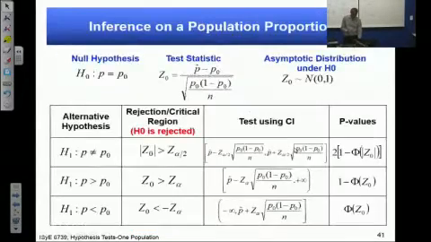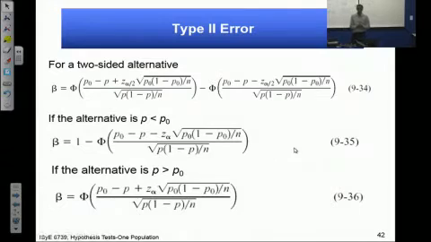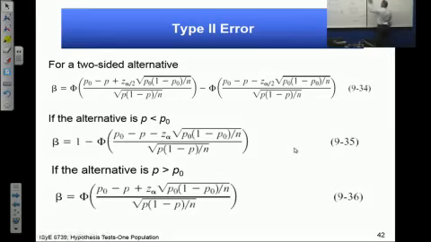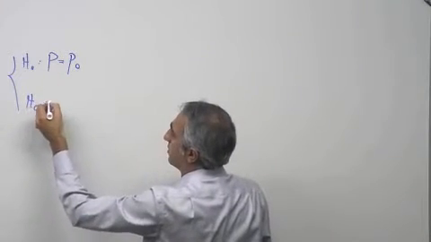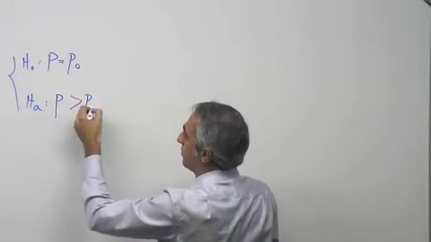Good. Okay. So let's see how we can define type 2 error. It's a little bit tricky for P. I'll try to derive one of these, and then the rest you can just use the equations. Let me see which one. The one which is easier. Let's go with this guy. Let's say your H null is P equal to P0, and your H alternative is P greater than P0.